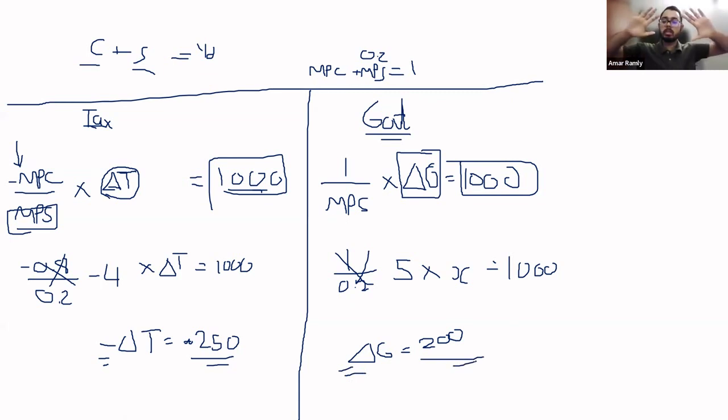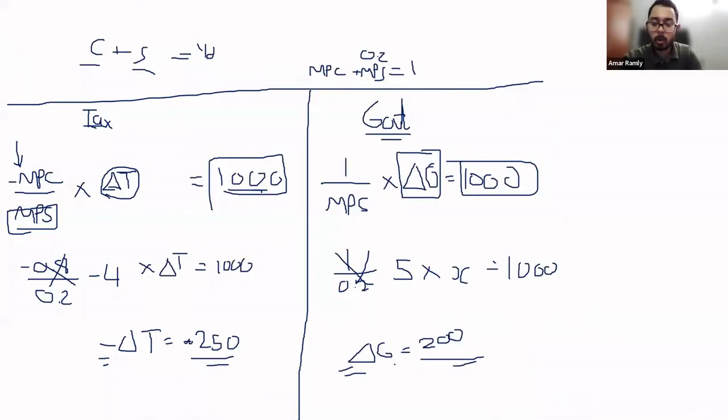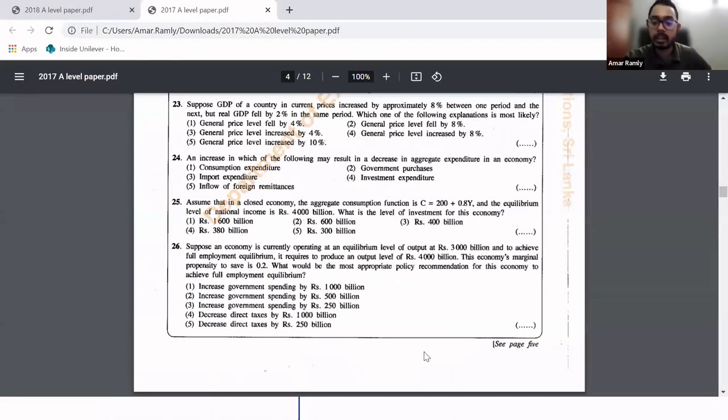Let's scan through the options and see whether it matches. Increase government spending, increase government spending, increase government spending. Perfect, all of them speak about increasing government spending, so all could potentially be our answer. Now let's check for the number: an increase in government spending of 200 billion.